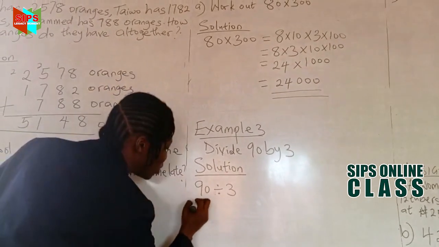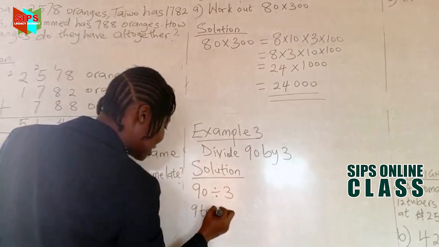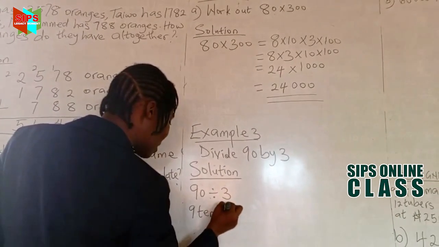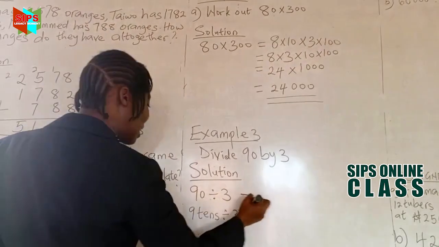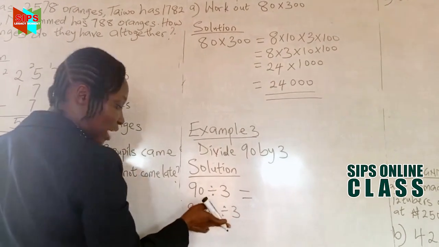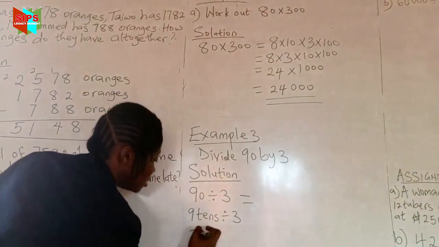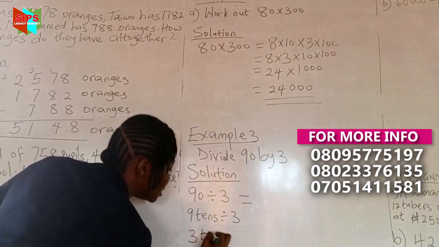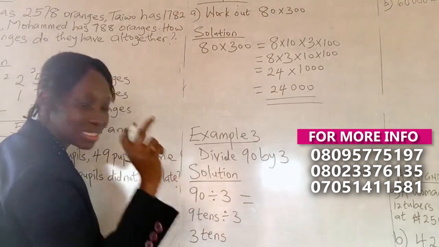You can write this as 9 tenths. You remember your place value system. 90 is 9 tenths divided by 3. So when you write 9 tenths divided by 3, that means that you have number and place value. So 9 divided by 3 will give you 3. You have your tenths, you put it. And of course, every tenth is 10. 1 and 0, 10.